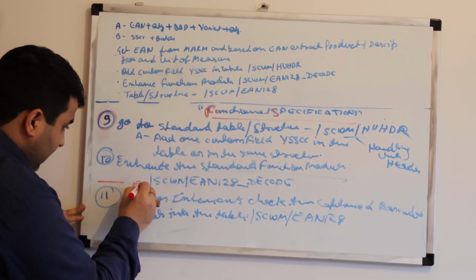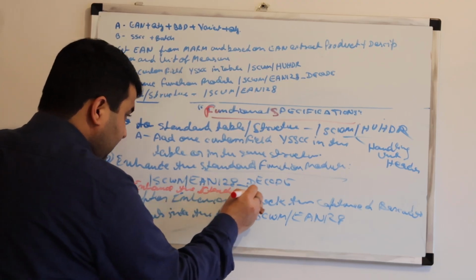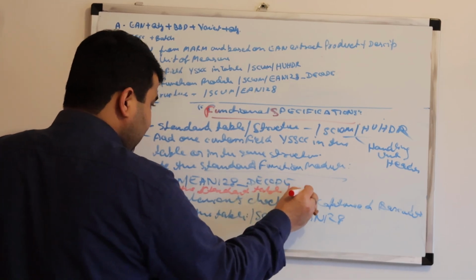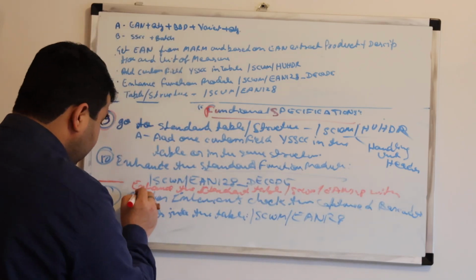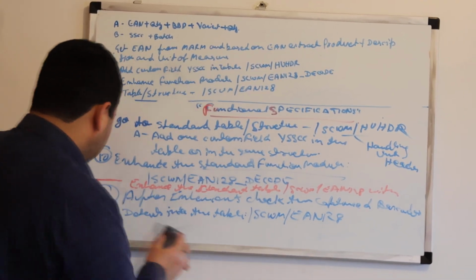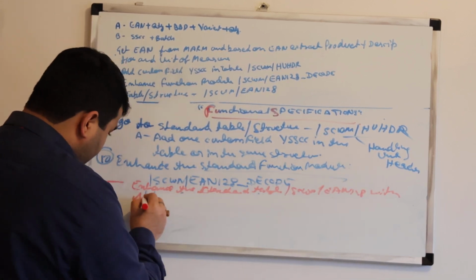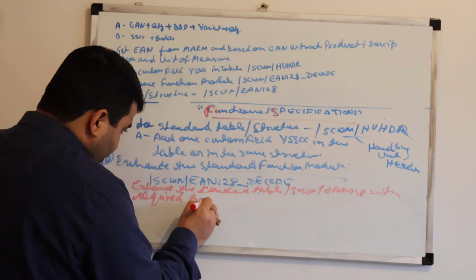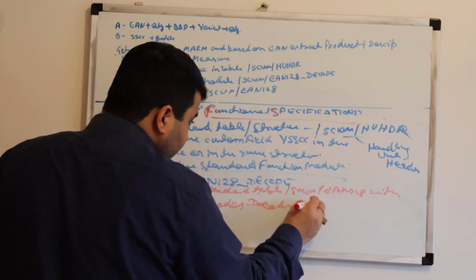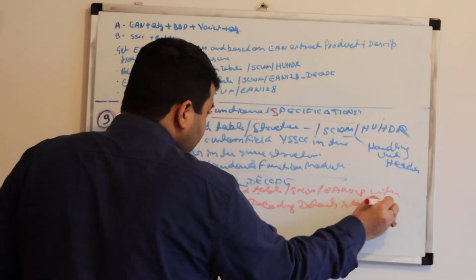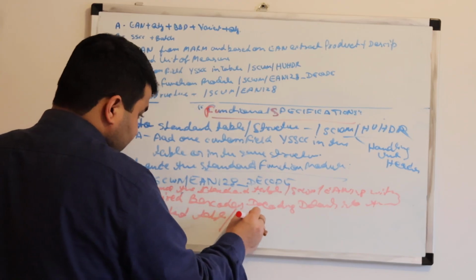Here I will put enhance the standard table /SCWM/EAN 128 with required barcodes decoding details into the standard table or structure.